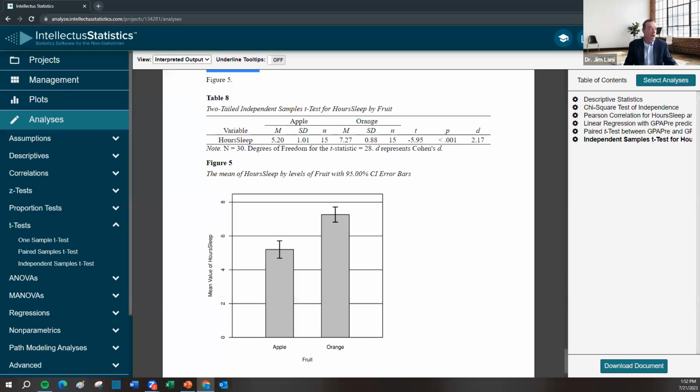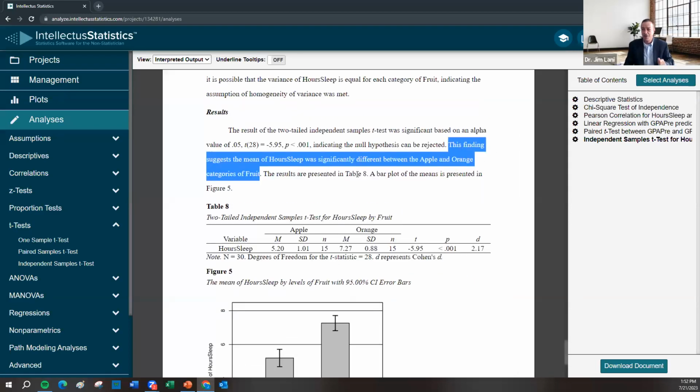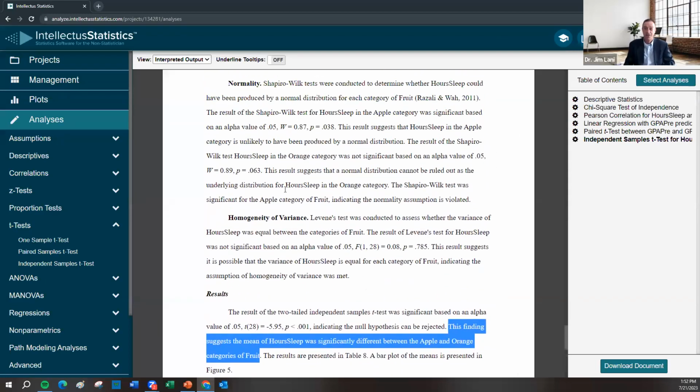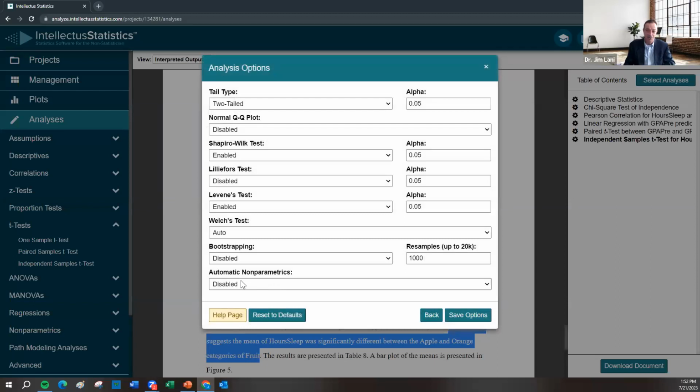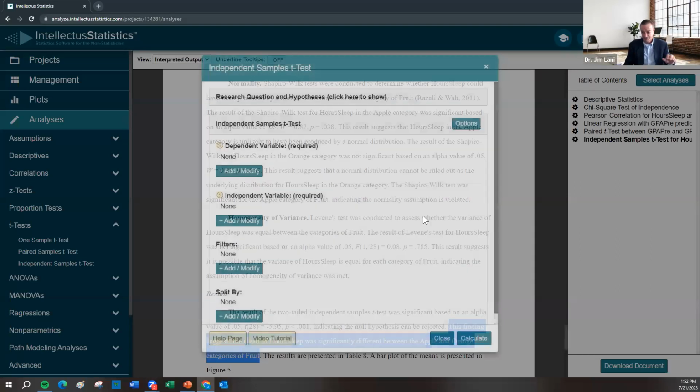So mine ran a Mann-Whitney test as well. Why? Great question. For simplicity's sake, under my t-test, I did not enable my non-parametric test. But I can do that.